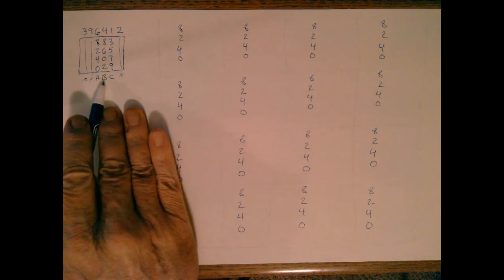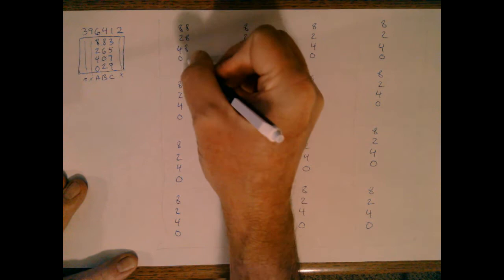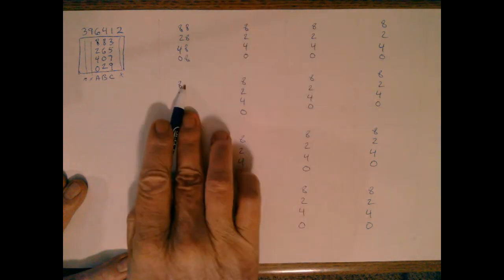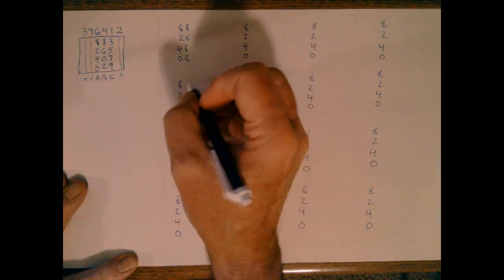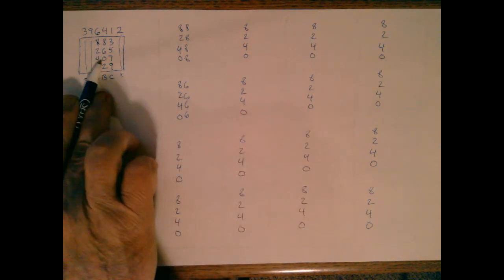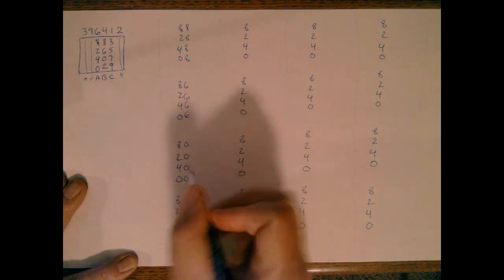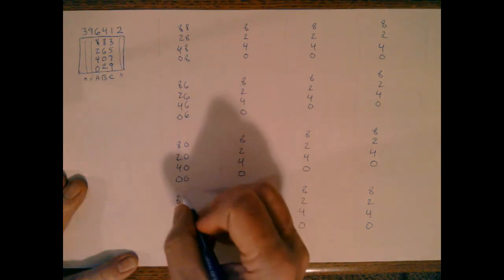Okay, now I go to the B column. The B column stays the same throughout a block and changes when you get to the next block. So my first value is 8, and it's going to stay the same, 8, 8, 8, 8, and then when it gets to the next block, change to a 6. 6, 6, 6, 6, and the next block changes to a 0. 0, 0, 0, 0, and then a 2. 2, 2, 2, 2.